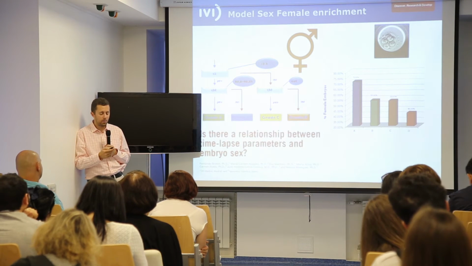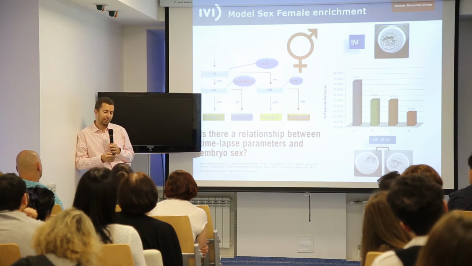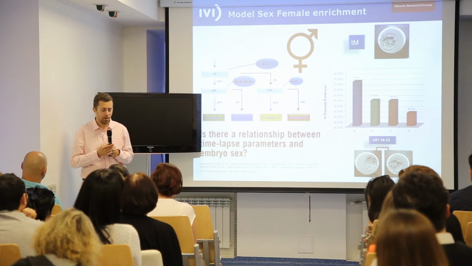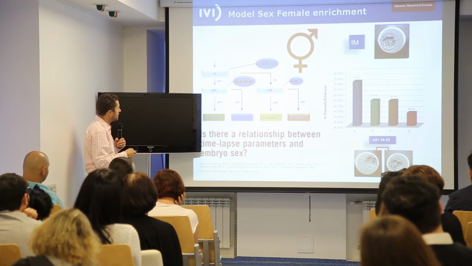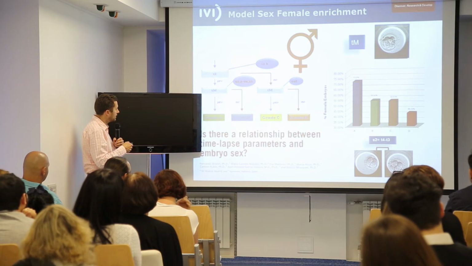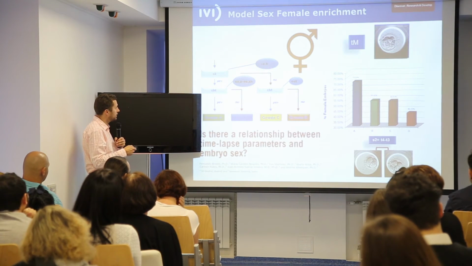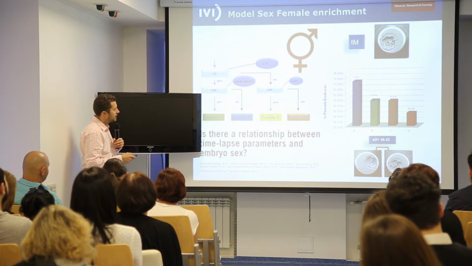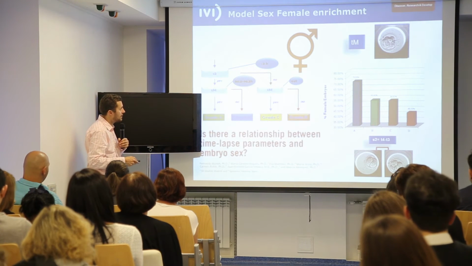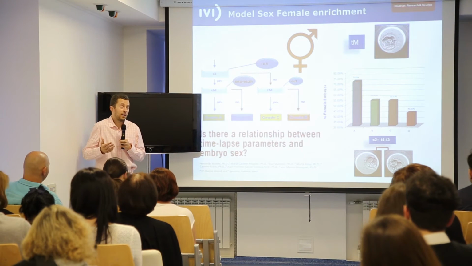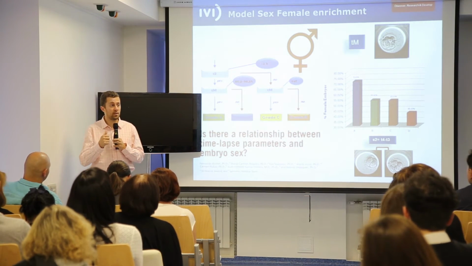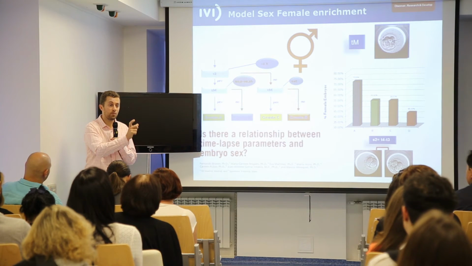Well, unfortunately, we weren't able to find any nice way of classification, but it's true that the embryos that were getting those parameters, with this time of compaction in that range and the synchrony of less than 2 hours, on average, those embryos have a female ratio of 71%. So maybe potentially, and I can see it because in our randomized control trial, in the group of the embryoscope, we have more females.